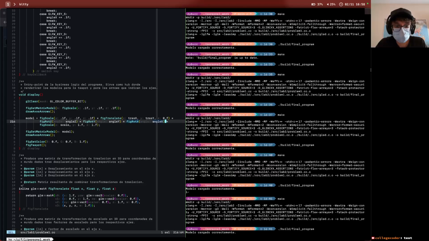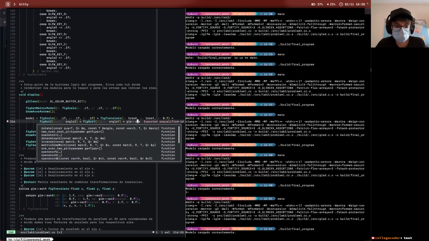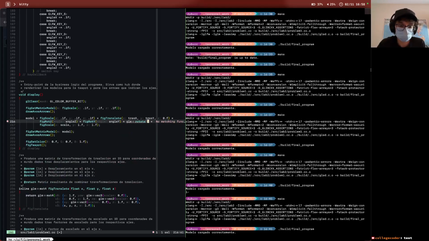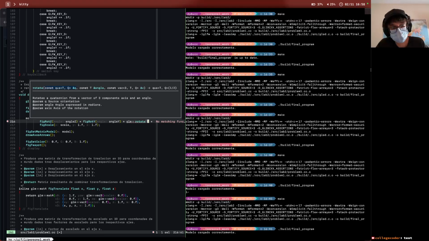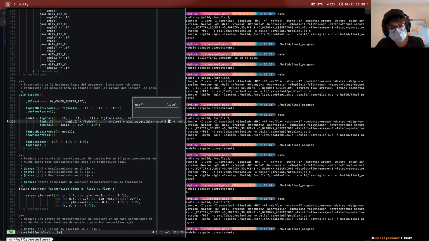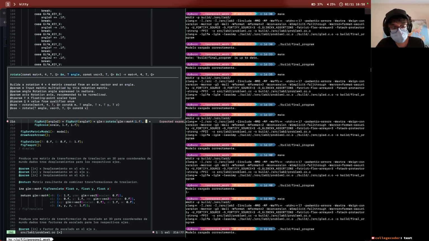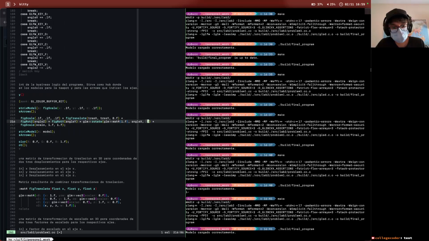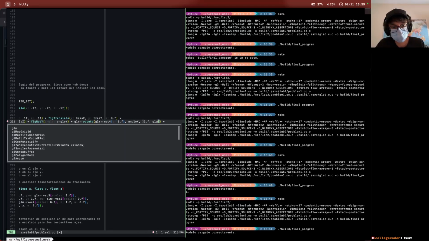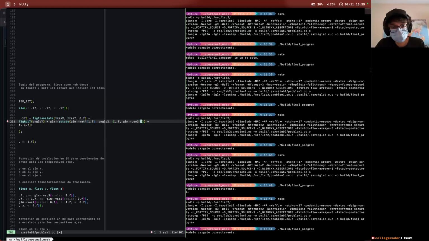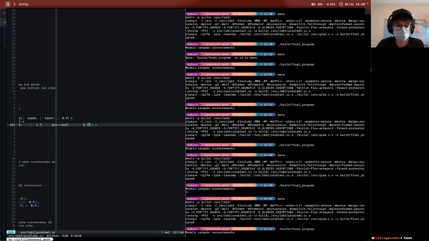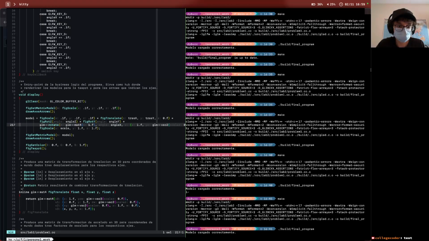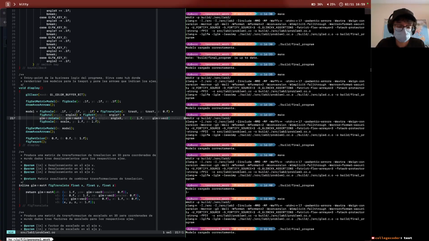I'll replace the rotation around x by a GLM rotate that gets the identity matrix, the angle being on x, the vector being 1 and then 2 zeros. Technically, that should produce the same matrix.